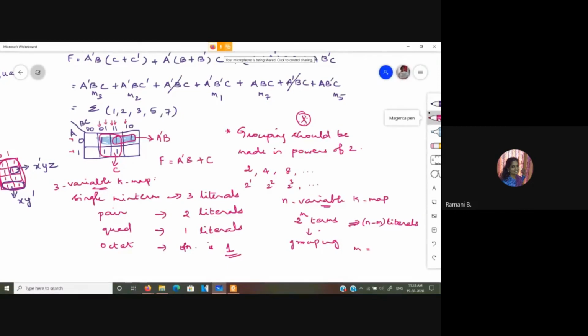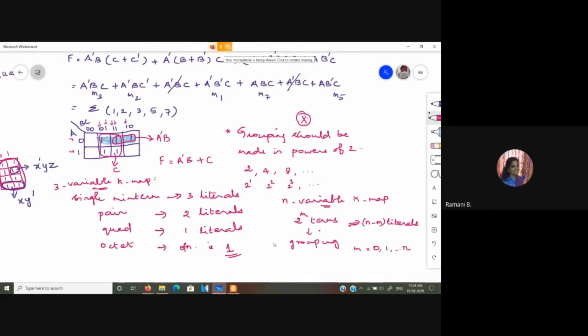If m is equal to 2, this will be 3 minus 2. This will be fine, right? So 2 power m terms is your grouping. If I am going to have a single minterm, that is 2 power 0, you are not grouping much. In that case, the grouping will have n minus m literals.